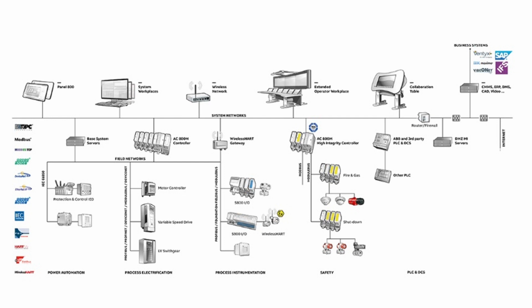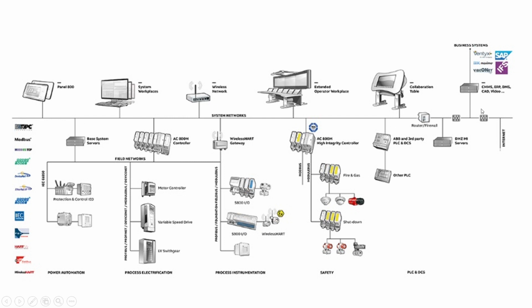This is the architecture of ABB. So ABB has this controller series AC800M. As I had explained in the earlier slide also, there are instruments at the lowest level, and then there are controllers, and then controllers are connected to a server. Now you see here there's a base system server, and all these controllers keep sending information to this server.